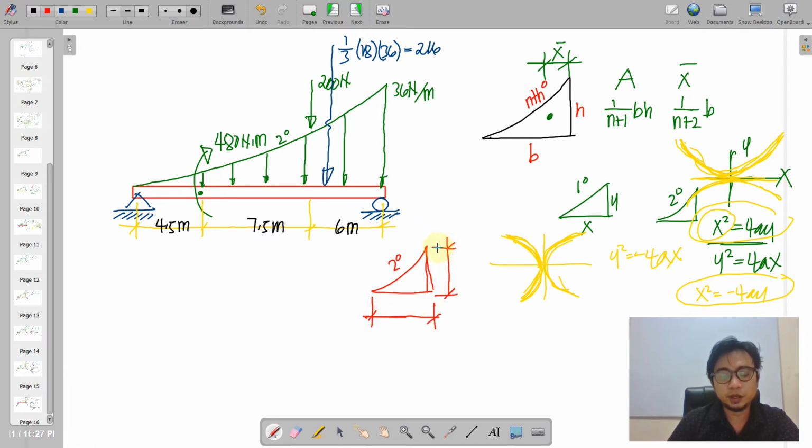Say we have a dimension equal to 5 and this is 2 or 3. If we wish to have a ratio and proportion for this smaller spandrel, say this is y and that is x, we can just say that y is to x squared is equal to 5 is to 3 squared.